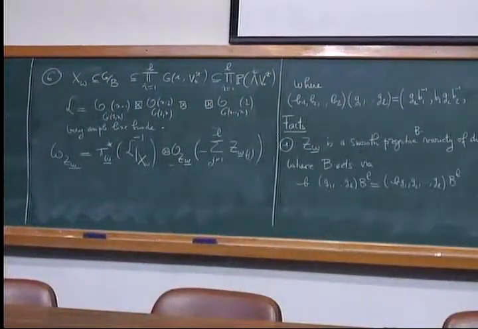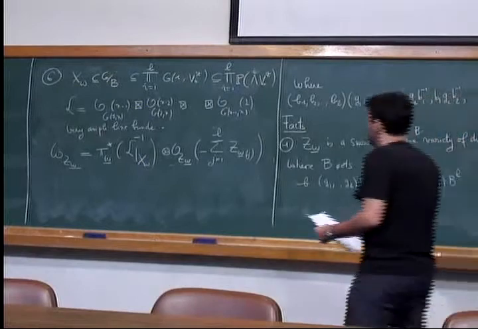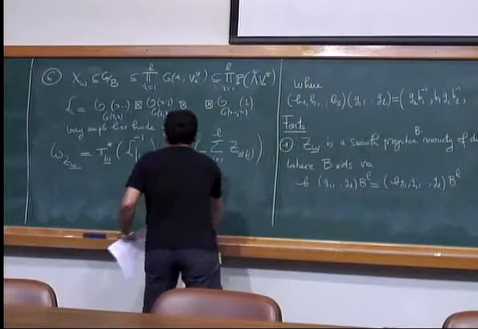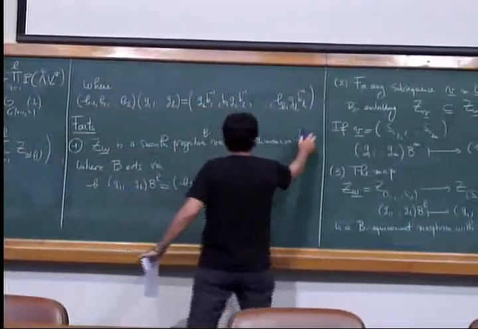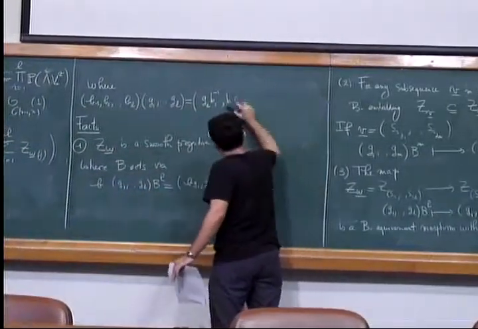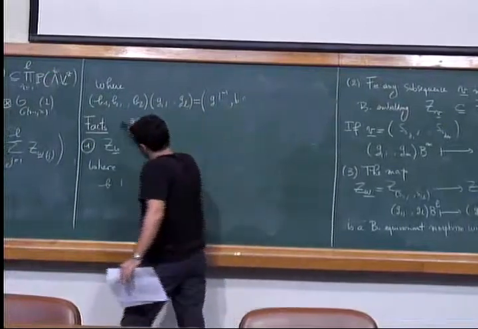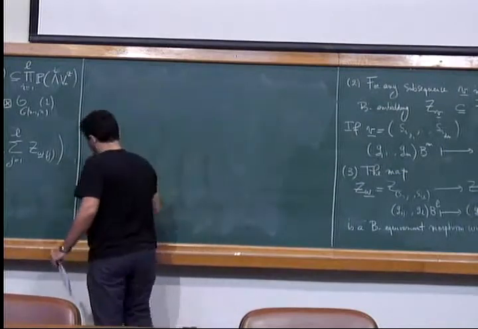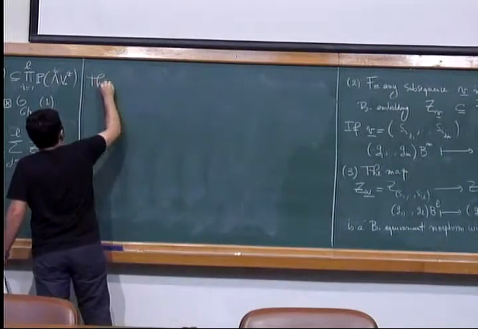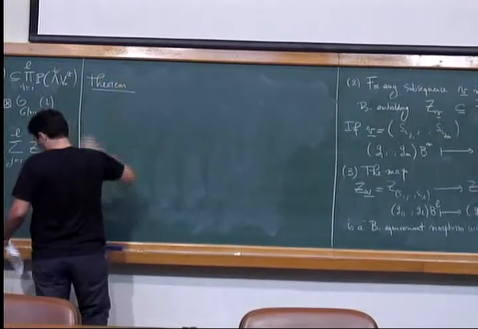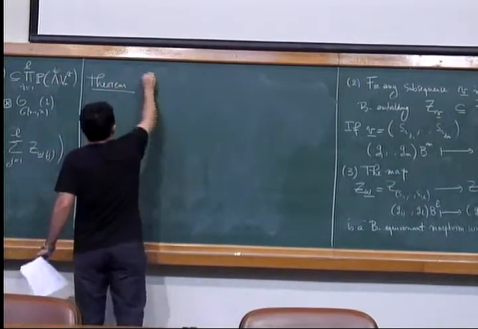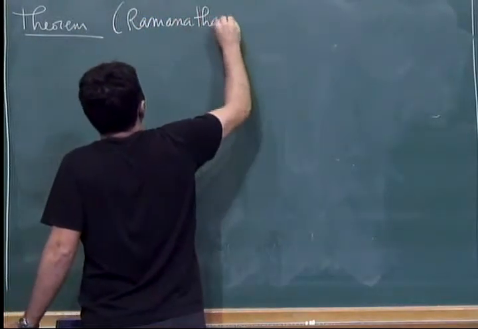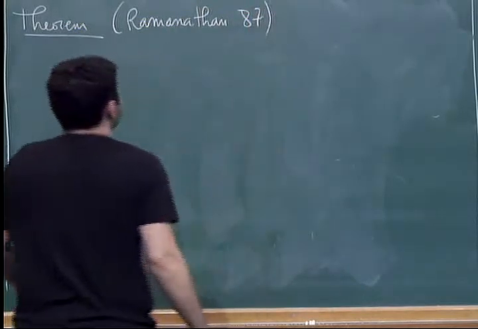Now, if you remember what I explained yesterday, we get the following result, due to Ramanathan in 87.